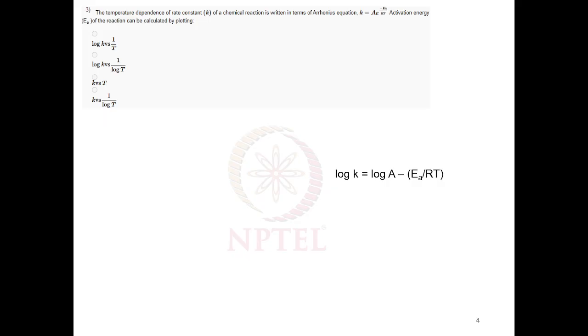How can we calculate it? k equals A e to the power minus Ea by RT. If you take the log value on both sides, you will get this value, right? You need to plot log k versus 1 by T, where the negative slope is equal to the activation energy. If you multiply it by 2.303, you will get the value of the activation energy. Okay.